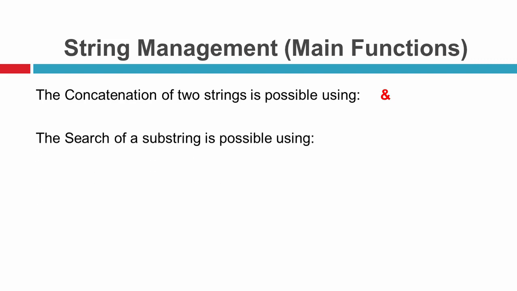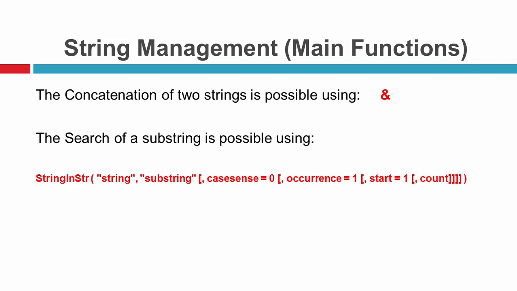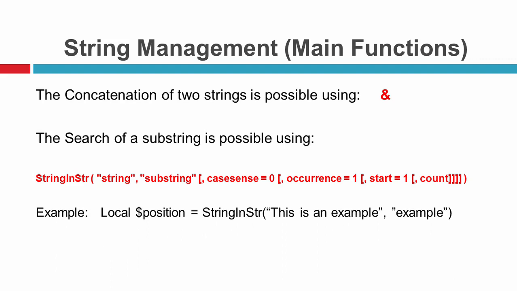The search of a substring is possible using StringInStr, and then we put the string we want and the substring, and also some optional arguments, like case sense set to 0 if we want to not distinguish capital letters from normal letters, or occurrences to find more than one occurrence, etc. For example, let's consider this example, StringInStr: "This is an example", and we want to see if "example" is a substring of that string.